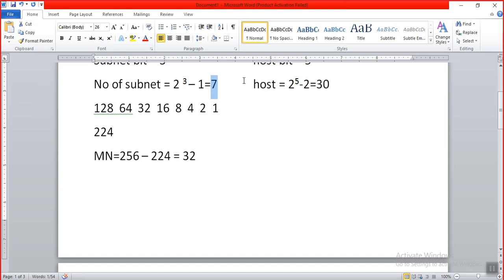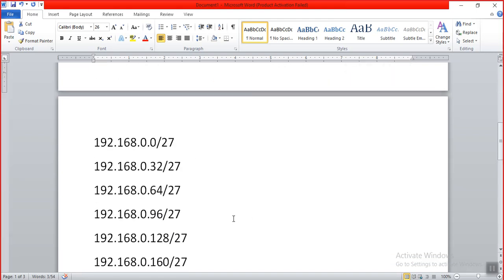Now we have to check host 30. So within this subnet, this is one network, this is another network. So before this network, how many IPs are possible? 30 IPs. Check it here. If I calculate, 192.168.0.0 is known as the network.